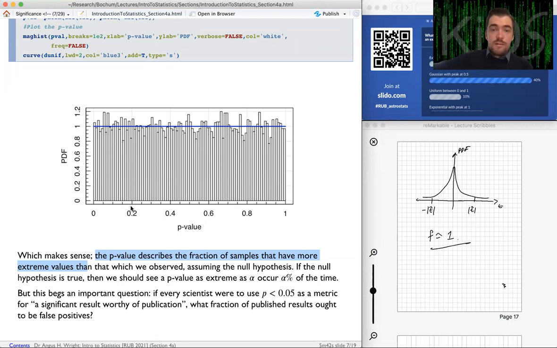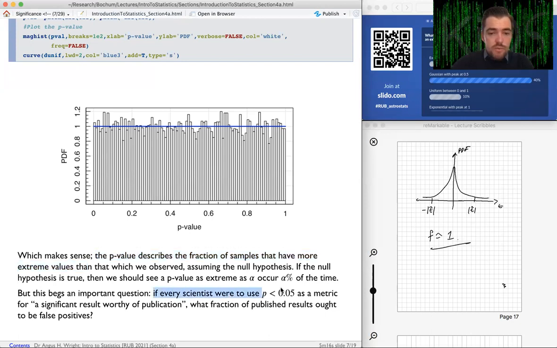And so what this means is that if every single scientist uses a threshold in this parameter to determine whether or not their results are significant, then they will get false positives alpha % of the time, right?